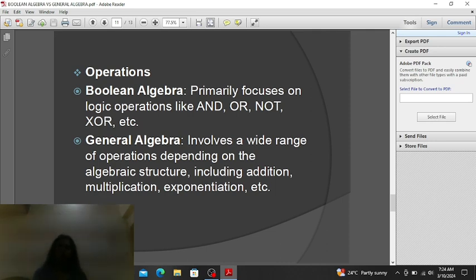Next, operations. Boolean algebra primarily focuses on logic operations such as AND, OR, NOT, and XOR, etc., whereas general algebra involves a wide range of operations depending on the algebraic structure, which includes addition, multiplication, exponentiation, etc.